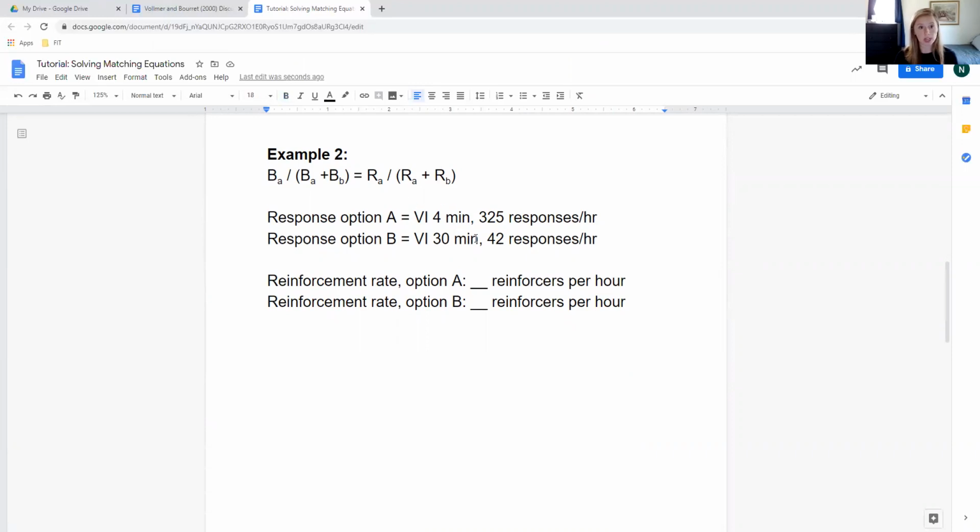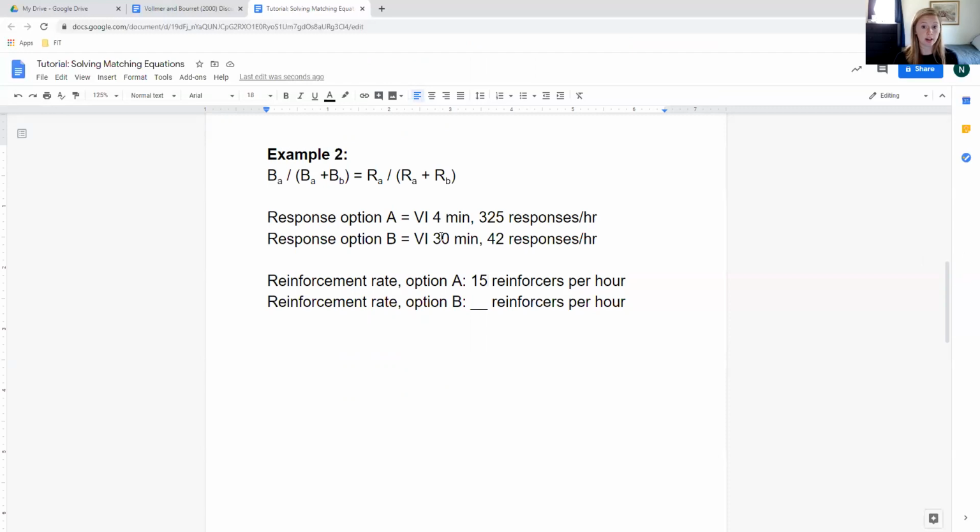The first thing we need to do is figure out the reinforcement rate on those schedules. If you recall, we do that by taking our total 60 minutes per hour, because we've got responses per hour as our unit, and dividing by 4. So our VI 4-minute schedule is going to earn 15 reinforcers per hour.